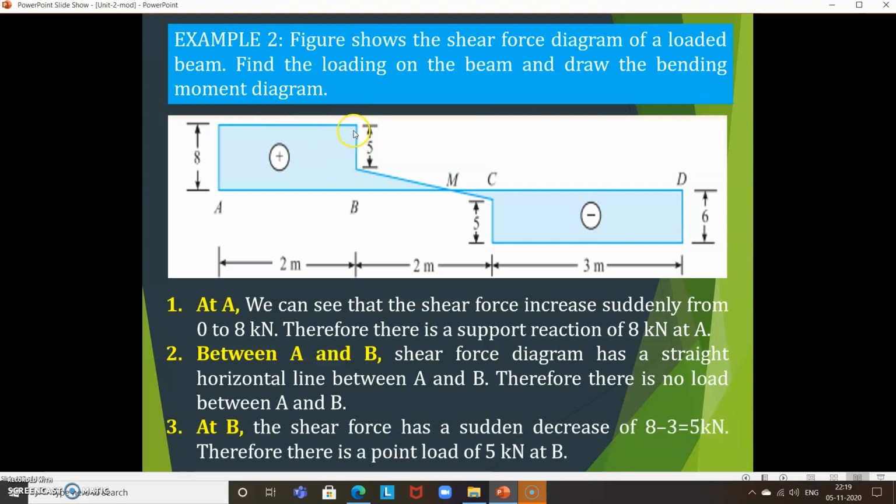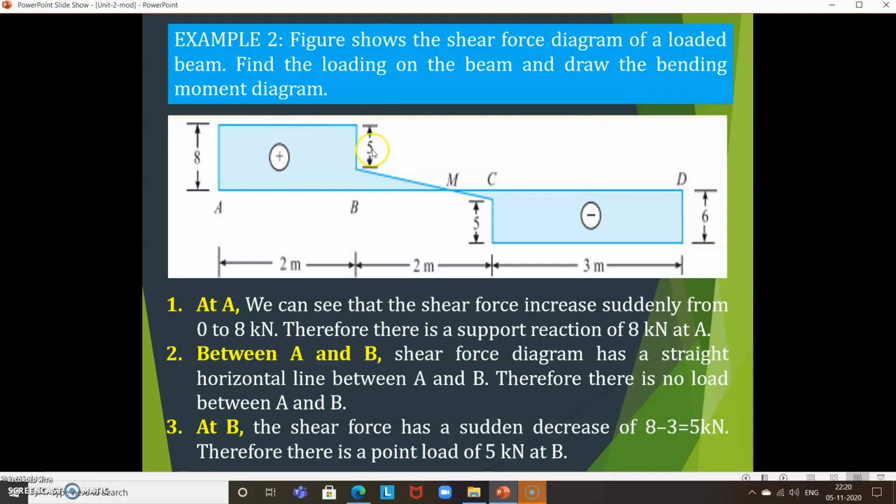Next, at B, you can see here the difference is 5. Till here it is 8, and here shear force value is 3. Shear force has a sudden decrease of 8 to 3.